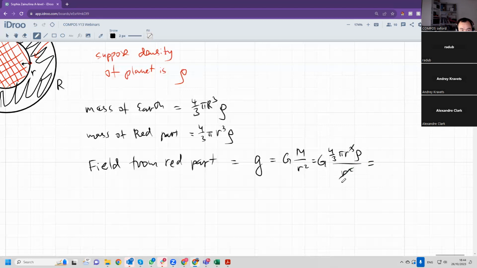This is r. So it's 4/3 G pi r rho. Okay. I don't hear the sound of your minds being blown. G is 4/3 G pi r rho. What is the significance of that?